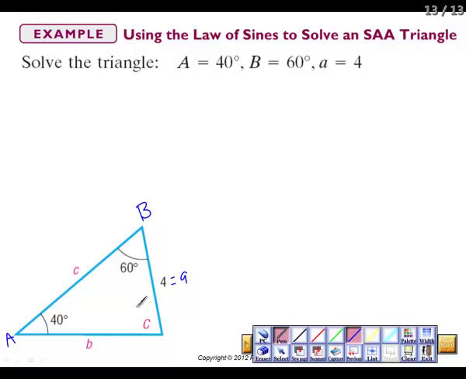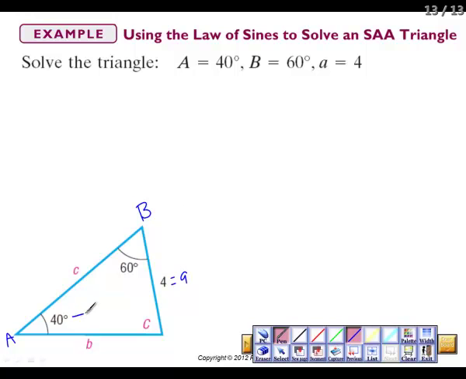We don't have a right triangle here, so we cannot use right triangle trigonometry. We cannot use SOHCAHTOA: sine is opposite over hypotenuse, cosine is adjacent over hypotenuse, and tangent is opposite over adjacent. We cannot use that because we do not have perpendicular sides. We do not have a right triangle. So we have to use either the law of sines or the law of cosines.